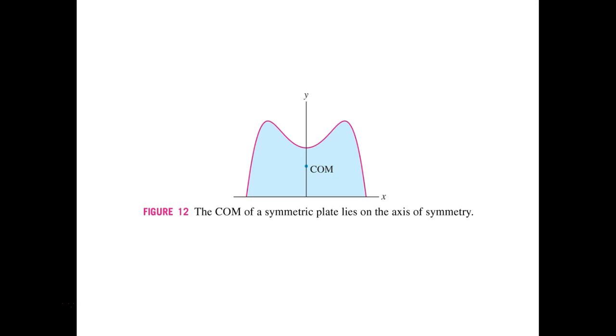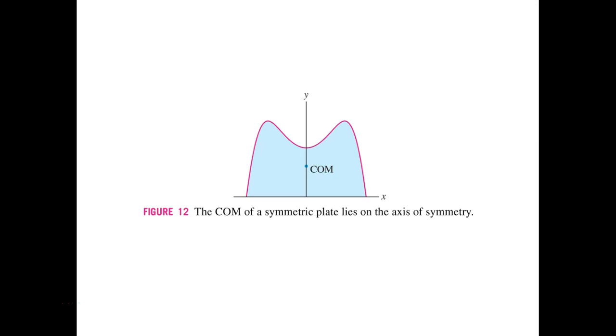If you had the same thing top and bottom, then it has to be in the middle of that too. But we don't have that. We have the same thing left and right, so you don't have to even worry about figuring out what x bar is. X bar is 0. It has to be because it's exactly symmetric. Y bar you have to figure out, and that's all you have to do on this one.